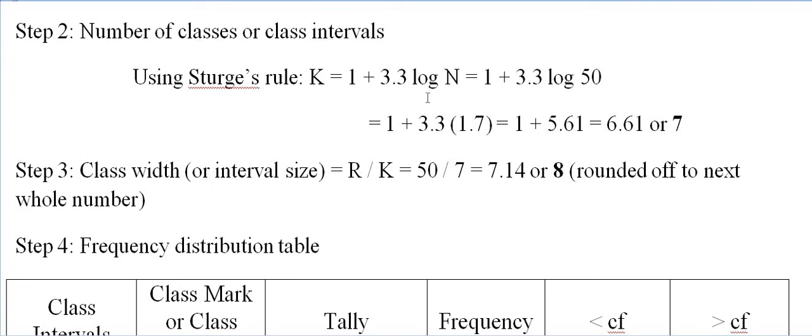We can use a scientific calculator or an Excel spreadsheet to determine this logarithm of n, or log n. The n is the number of observations, which is 50, because there are 50 customers' ages given in the problem. So how do we get this logarithm of n?